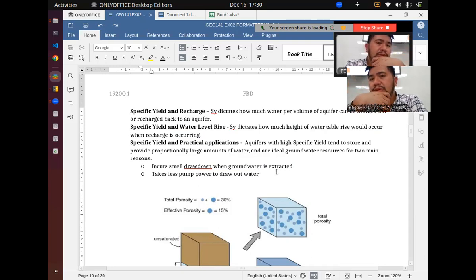It only takes a little effort and fewer microfiber towels to get some water, compared to a normal towel. You only need to wring out a little. So your microfiber towel is like your aquifer with a high specific yield.